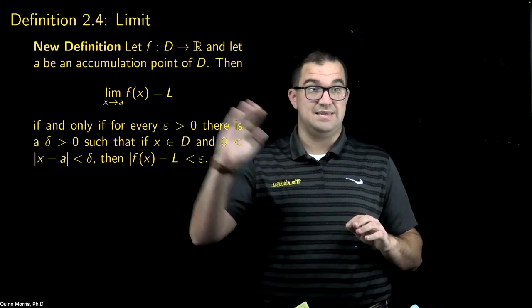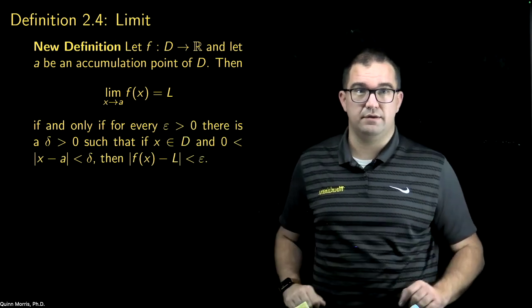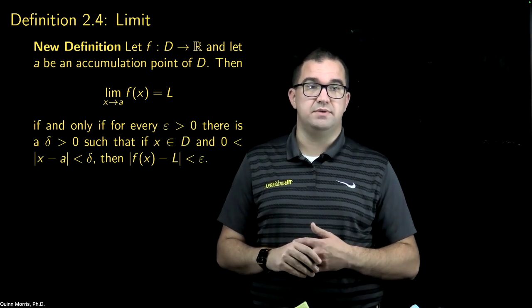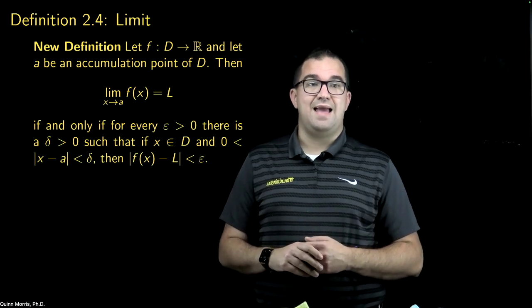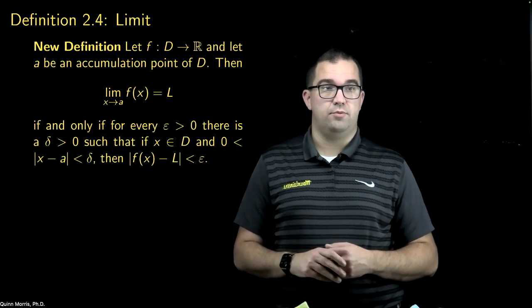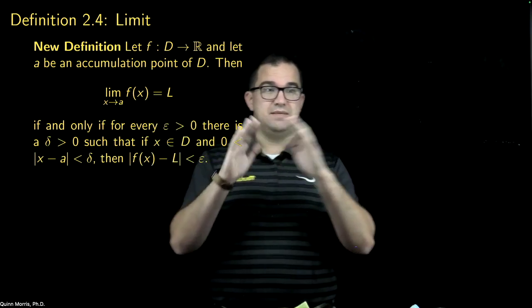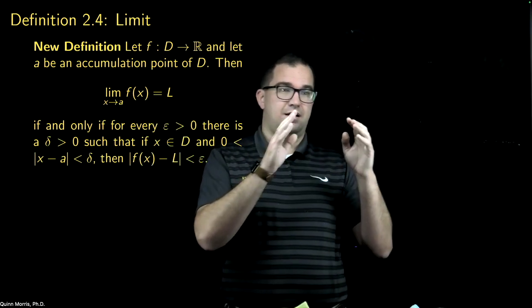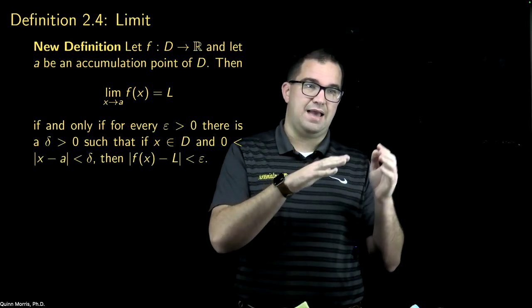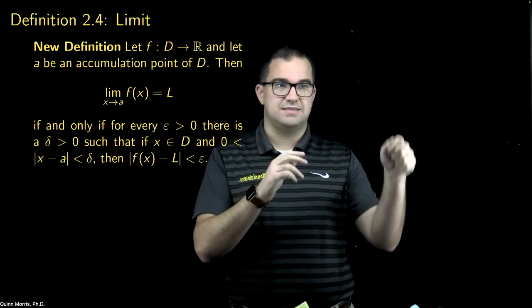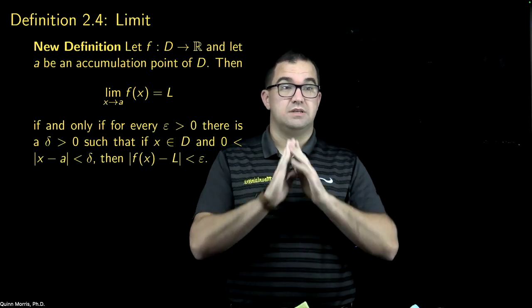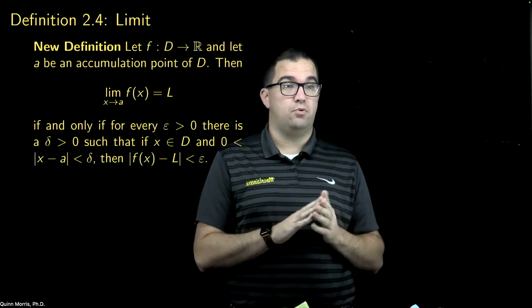It's not the specific domain I previously defined. So let f be a function from D into R, and let A be an accumulation point of the domain. So I've replaced all of that business about let I be an interval containing A, except possibly A itself. I've replaced all that with just let A be an accumulation point of the domain.